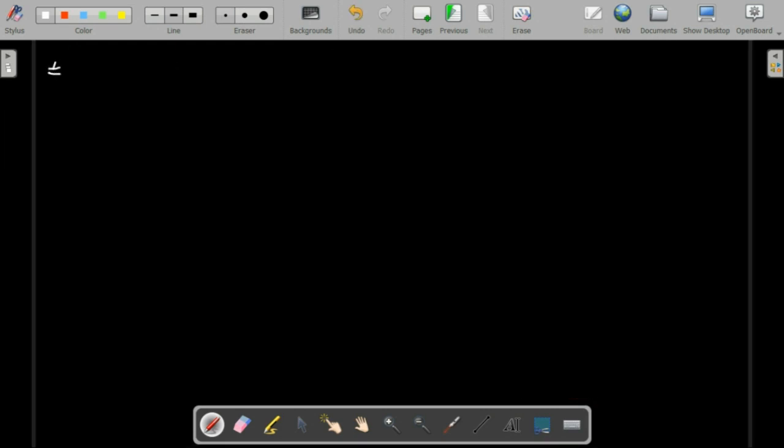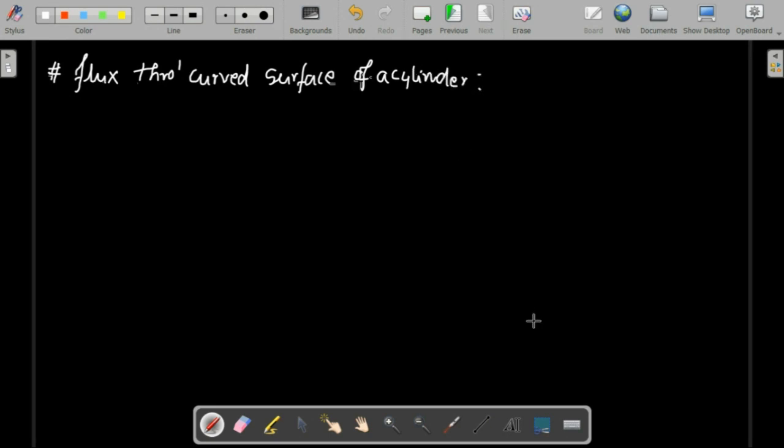Let me take one more problem. It is all about Gauss's law. If these things are clear, this will be clear. The question says you have to find out the flux through the curved surface of a cylinder.